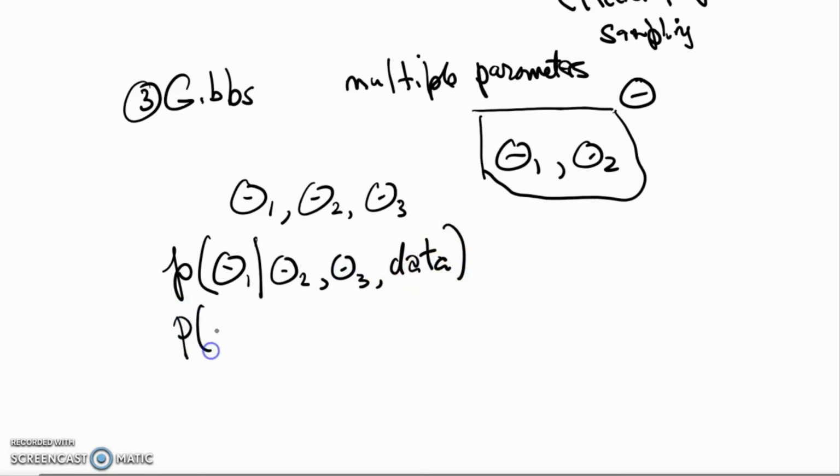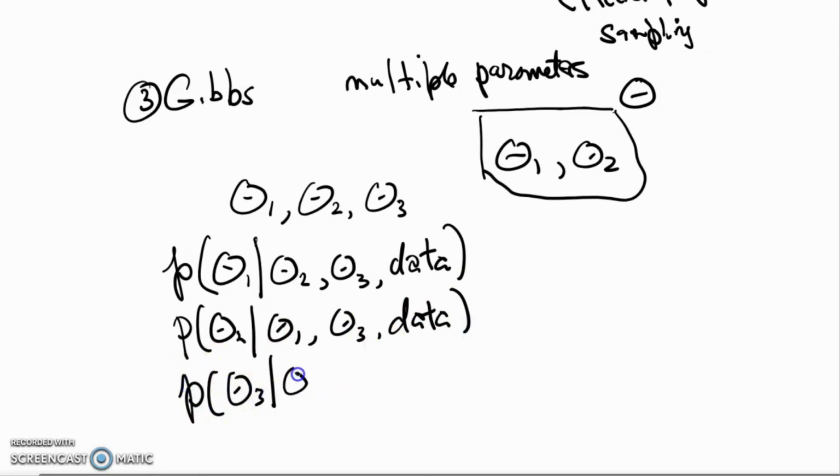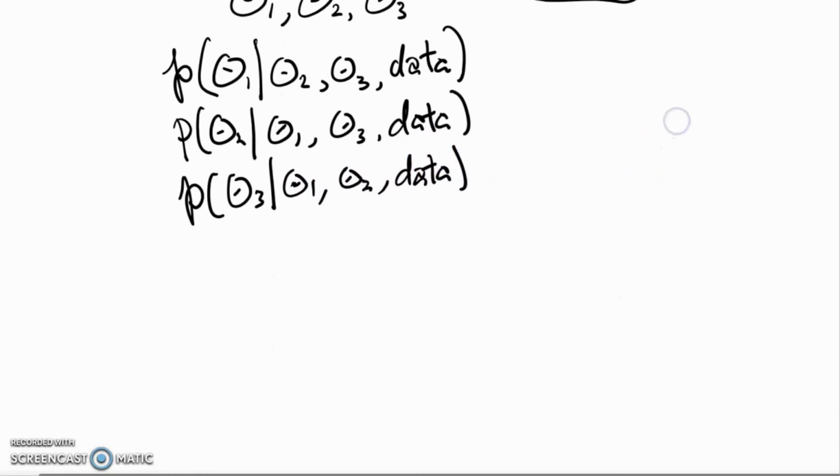It was possible to calculate the probability of theta 2 given theta 1, theta 3, and the data, and the probability of theta 3 given theta 1, theta 2, and the data. So in the case of Gibbs sampling, we had a different way of going on our random walk. We would initialize theta 1, theta 2, theta 3. I'll just put a 1 up here as an index to indicate that it's the first value.